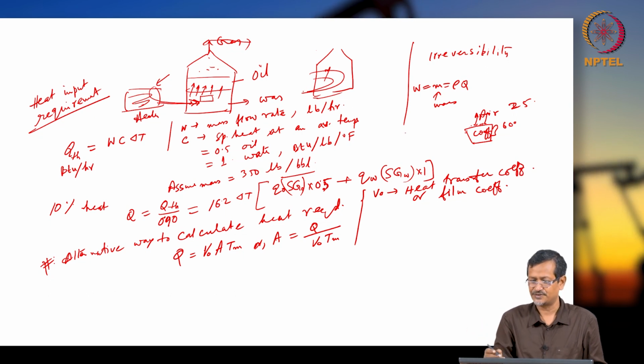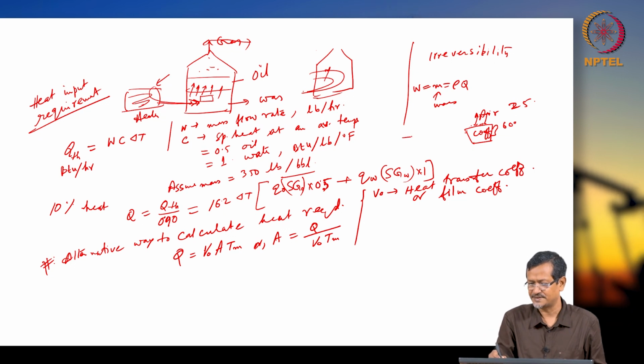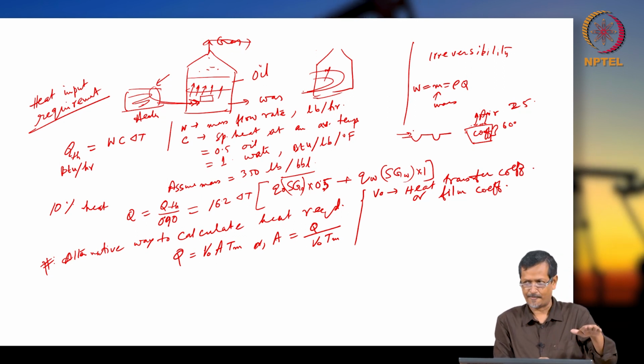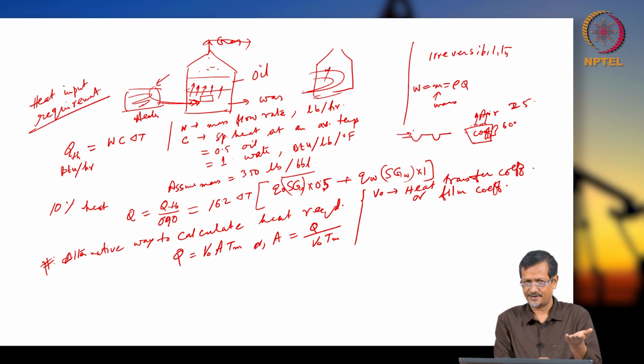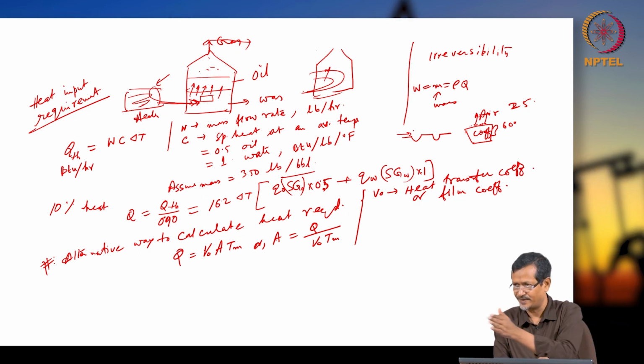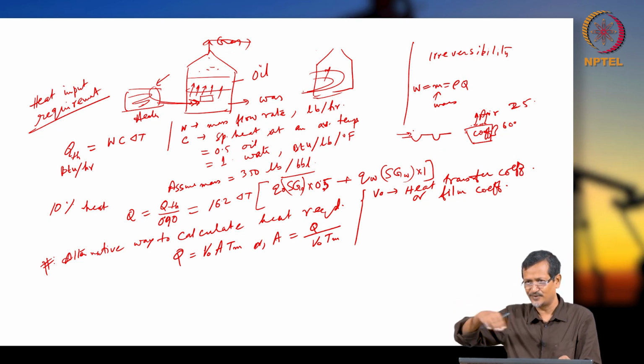In my PhD I have done some work on dimple surfaces. If fluid is flowing on a flat surface, like a table that is heated up, the cooling rate will be lower if cold fluid or air is flowing over it. But if I have roughness on the surface, the cooling rate will be higher.